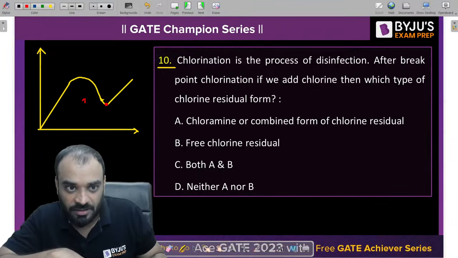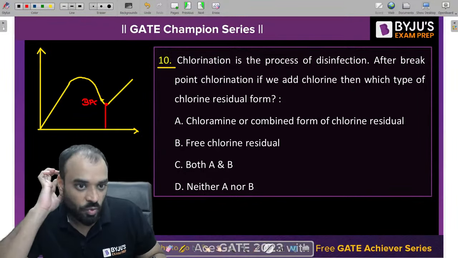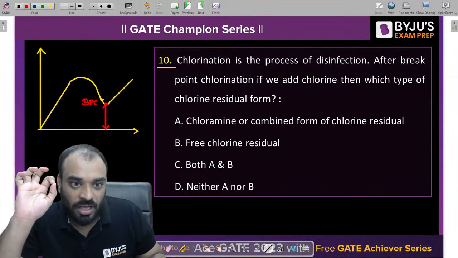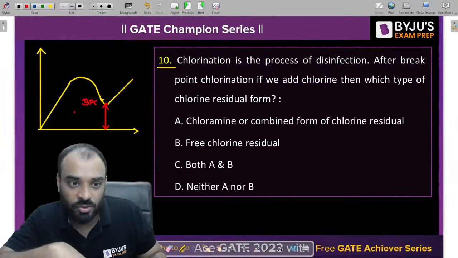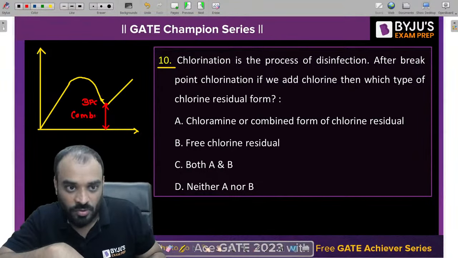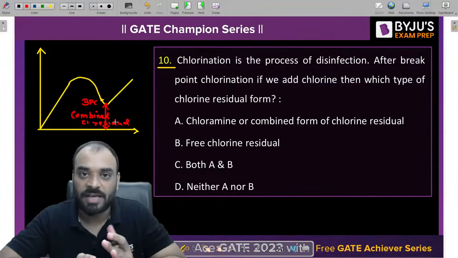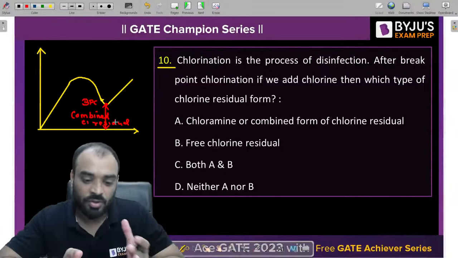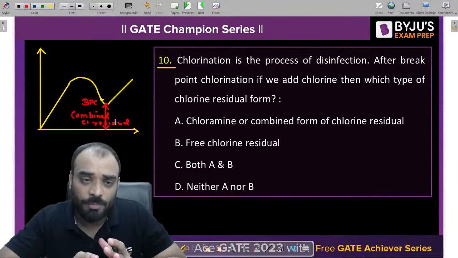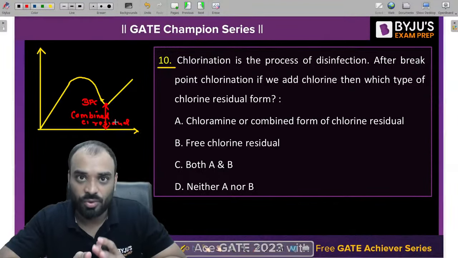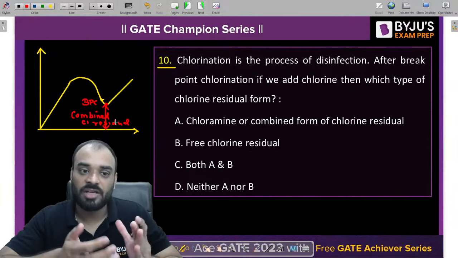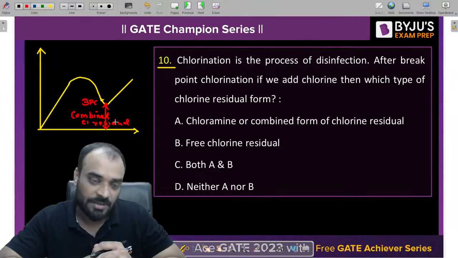Guys, do you remember, after this particular point, which is basically our breakpoint chlorination, BPC? Before BPC, whatever chlorine residual you are having, that is basically your combined chlorine residual. And why is this combined chlorine residual formed? Because of the presence of some nitrogen compounds, or you can say some chloro-organic compounds, means some organic compounds are there which try to react with the chlorine, and such a reaction will give us combined chlorine formation, right?